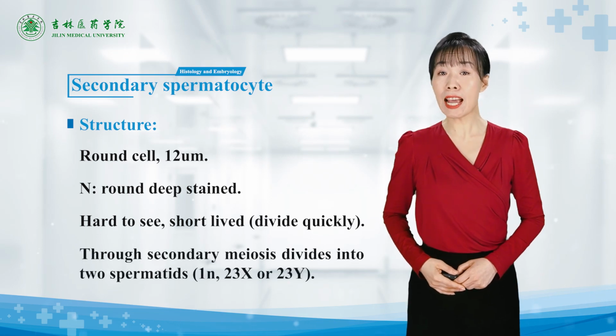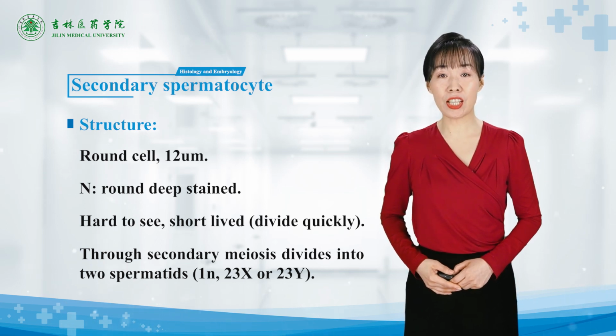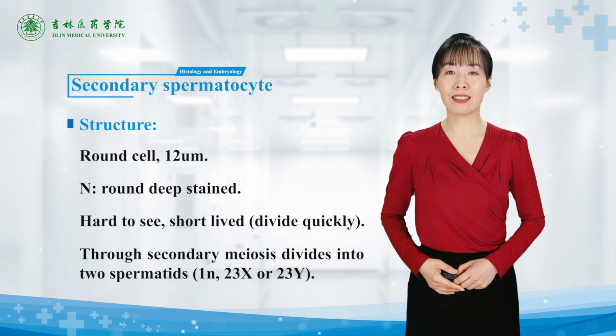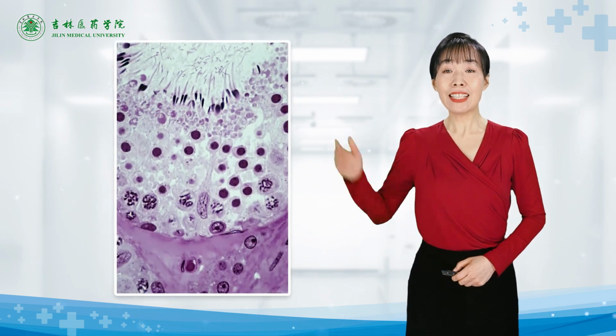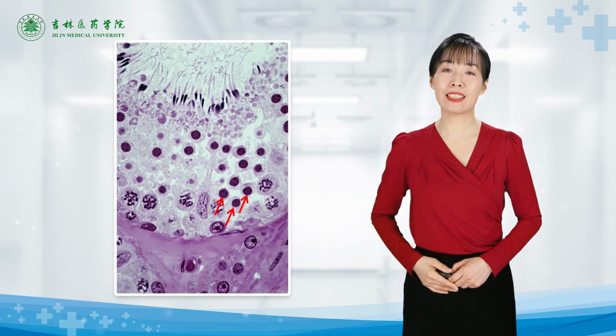Division of each secondary spermatocyte results in 2 cells that contain 23 chromosomes called spermatids. In this picture, the arrow indicates the secondary spermatocyte.